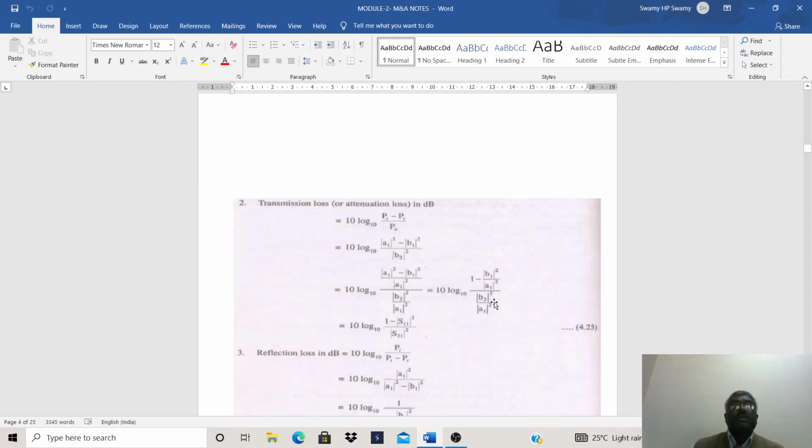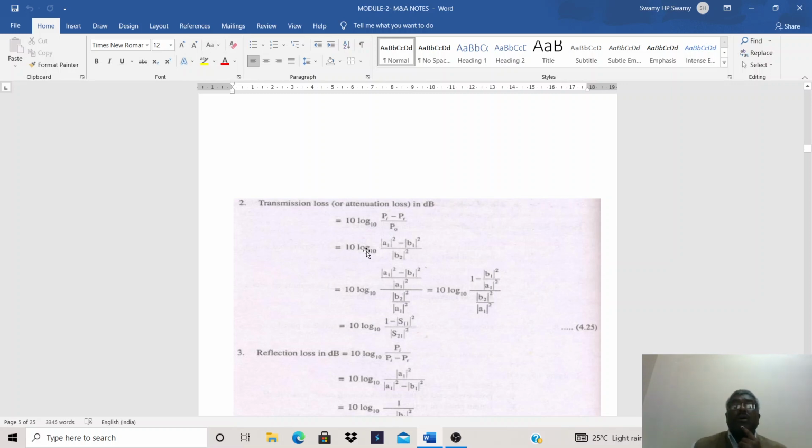The second one is transmission loss or attenuation loss in dB. This is equal to 10 log base 10 of PI minus PR divided by P naught, where PI is the incident power at the input port, PR is the reflected power at the input port, and P naught is the output power at the output port.